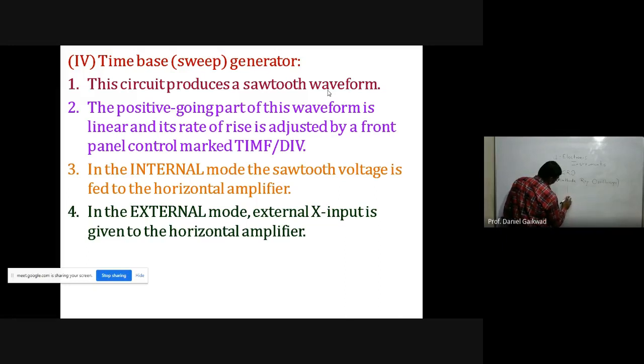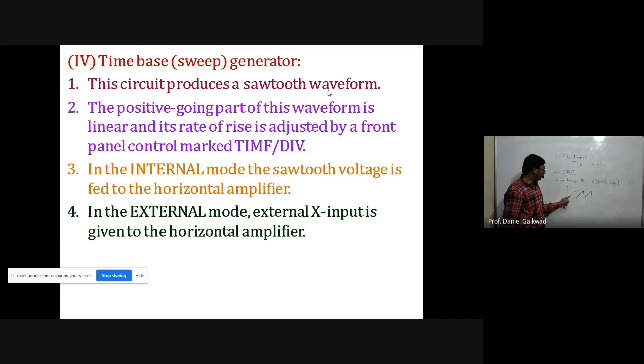This is the horizontal reference line, and here the sawtooth waveform will look like this. It looks like a hacksaw blade. So the sawtooth waveform will be generated by the time base like this.